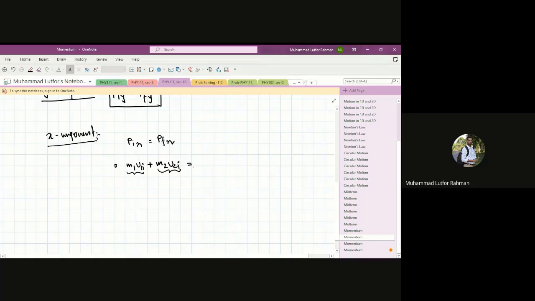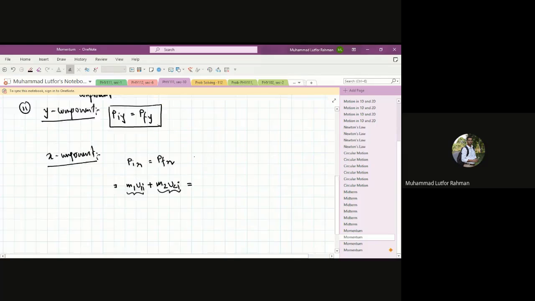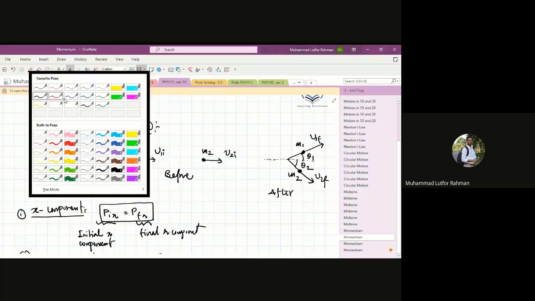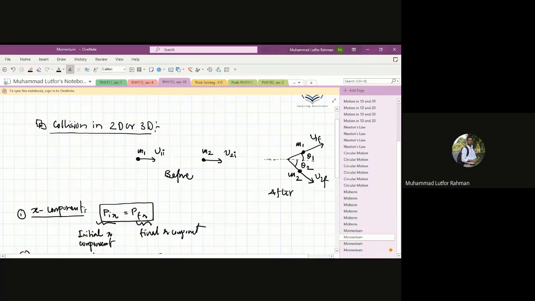Both are initial. Now after the impact I have to take the components. This would be the X component and this would be the Y component of V1F. In the same way, this would be the X component of V2F and this would be the Y component of V2F.